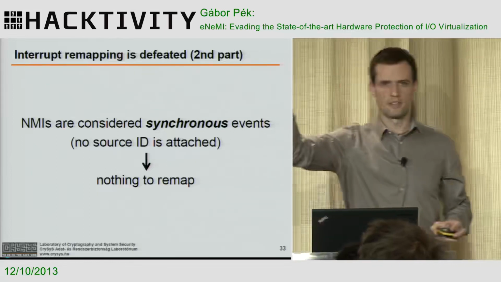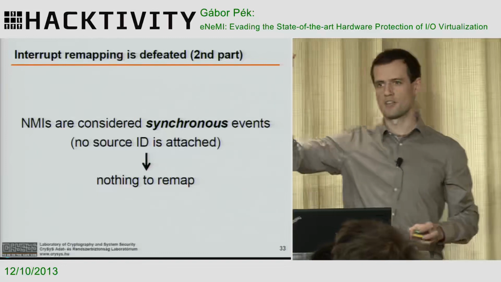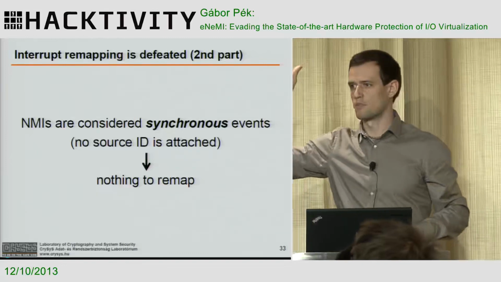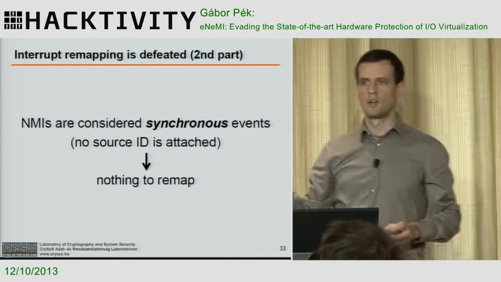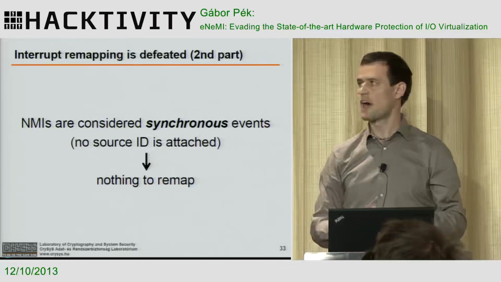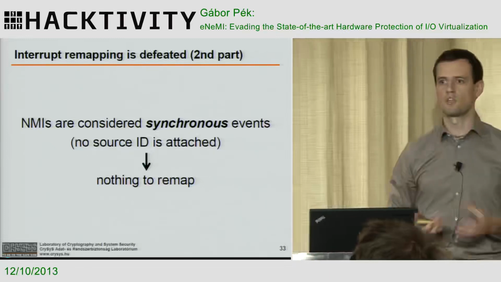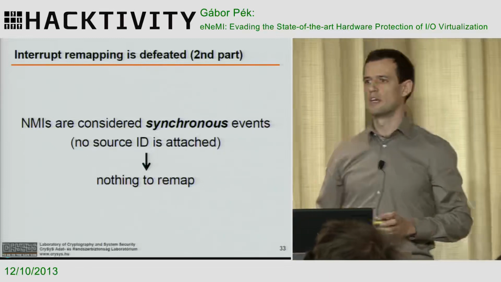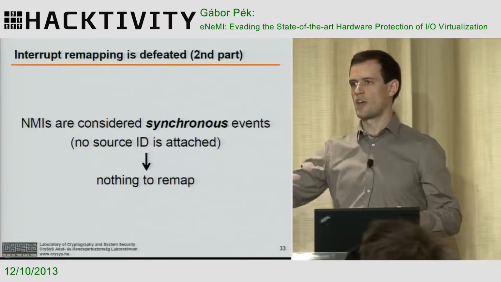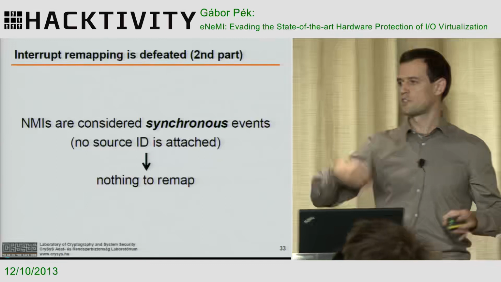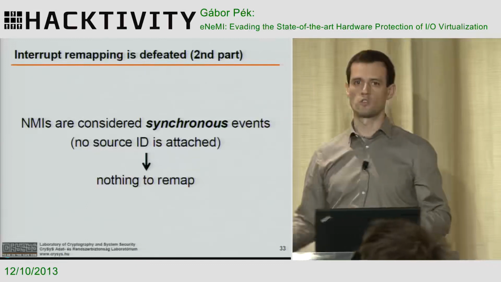And the second thing, and this is the really important thing, as I told you, is that a non-maskable interrupt is not an interrupt, but an exception. From the perspective of the hardware, this is an exception because it has to be served instantly. An interrupt is something that is asynchronous. Basically, you create an interrupt, and if the CPU has resources, it is going to be served.